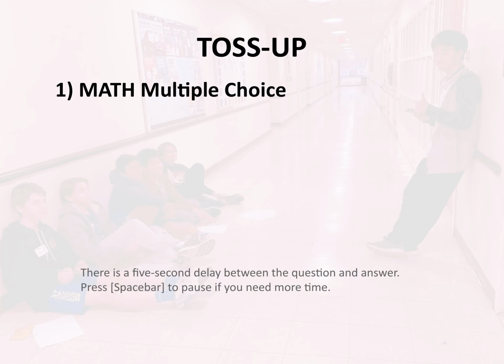Toss-up 1. Math. Multiple choice. Which of the following best describes the system of linear equations? y minus 2x equals negative 2, y plus x equals 4. W. Consistent, dependent.